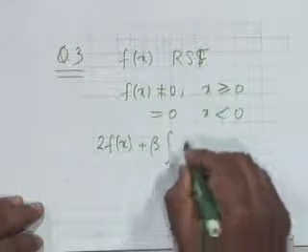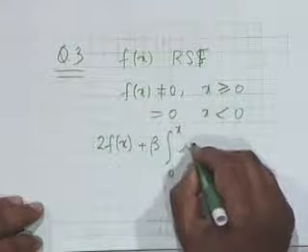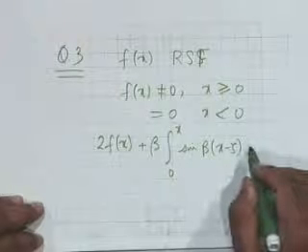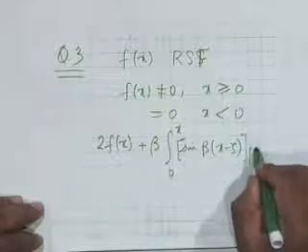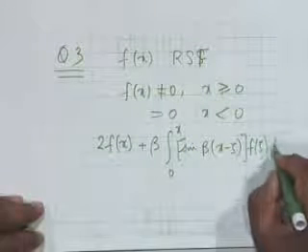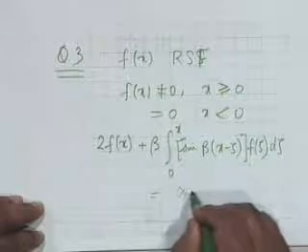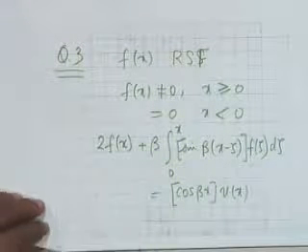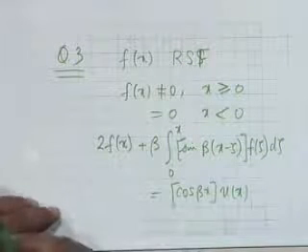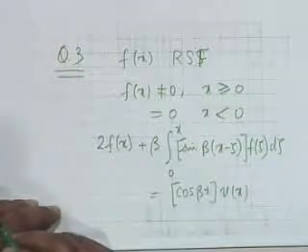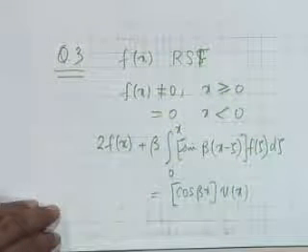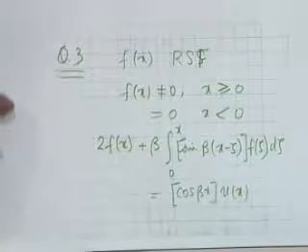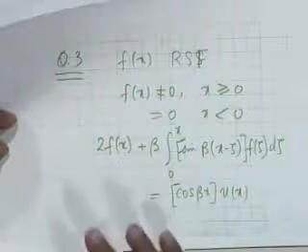Now note this carefully, integral 0 to x, sine of beta (x minus zeta), f of zeta d zeta is equal to cosine of beta x u of x. What I had expected you to do is to solve for f of x from this equation, and many of you differentiated. That's the worst mistake that you can do. Differentiation will not give you a result.